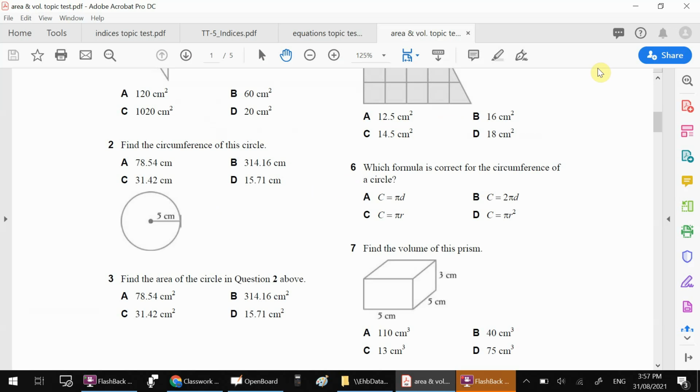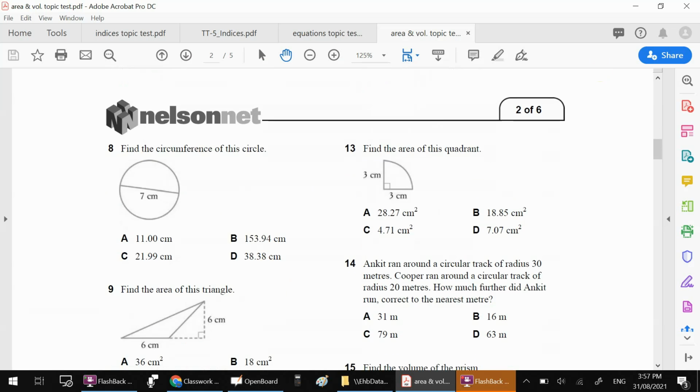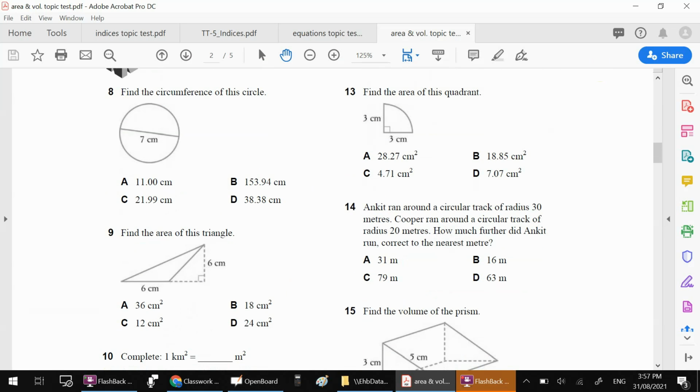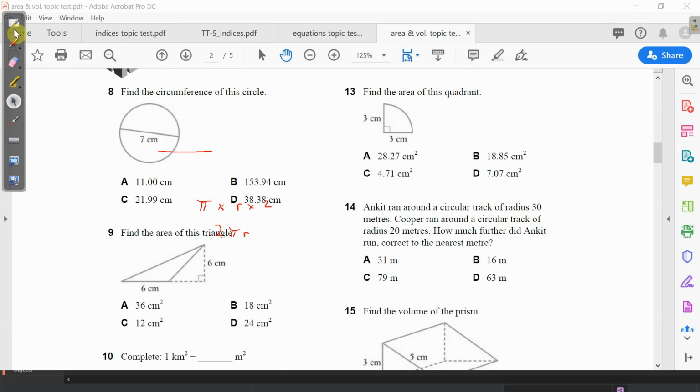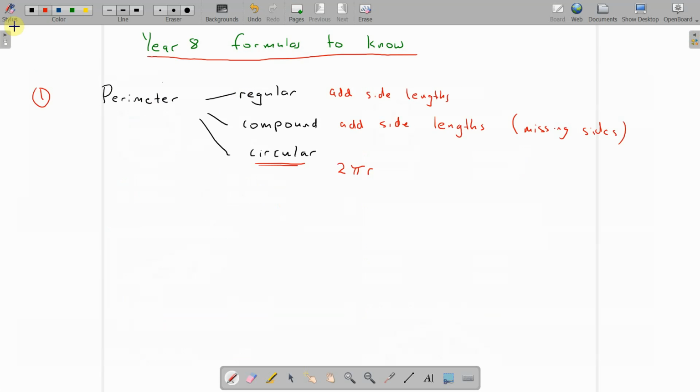Now, there's another formula for circumference. I've got a diameter here, and that's the other formula to remember. Circumference you can also get by doing pi times the diameter.